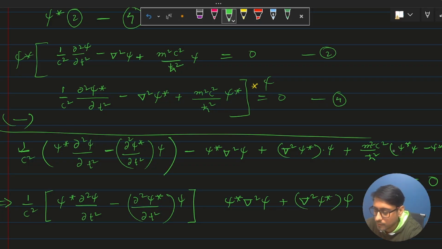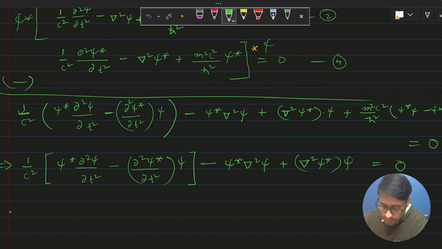So now we have written, so now we can write it as 1 over c square psi conjugate del.